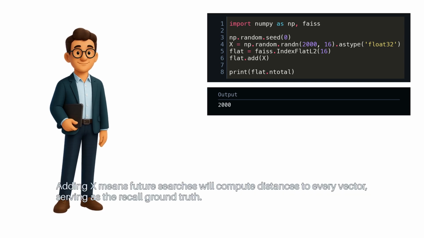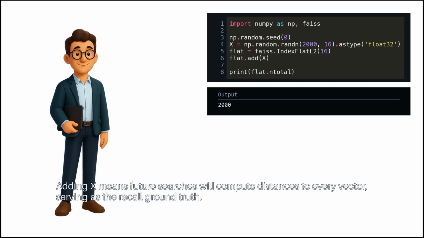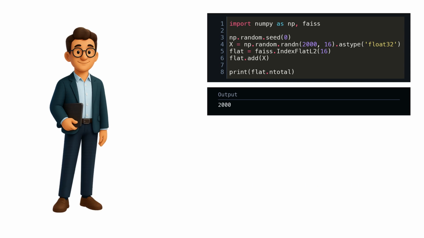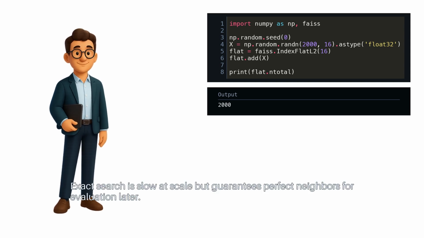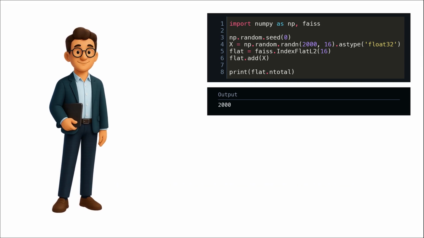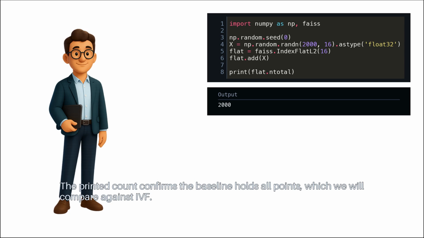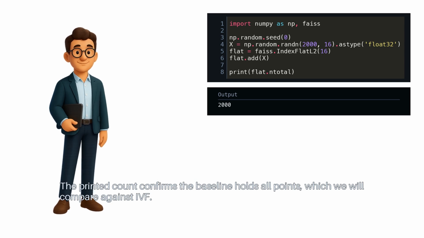Adding X means future searches will compute distances to every vector, serving as the recall ground truth. Exact search is slow at scale, but guarantees perfect neighbors for evaluation later. The printed count confirms the baseline holds all points, which we will compare against IVF.